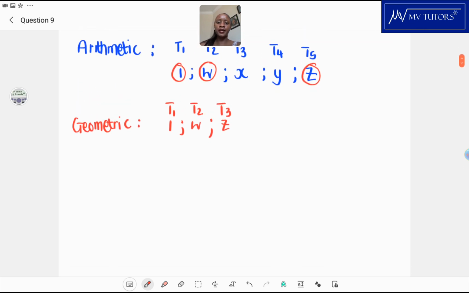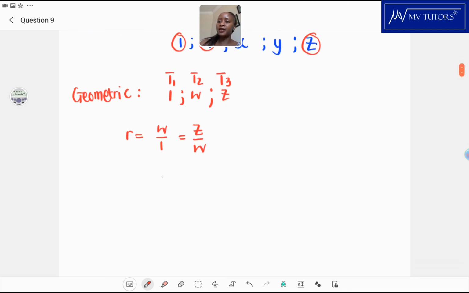I want to get what the common ratio is. So remember, common ratio is T2 over T1 is equal to T3 over T2. So T2 is W over 1, which is equal to Z over W. And I can simplify it to say that W squared is equal to Z.